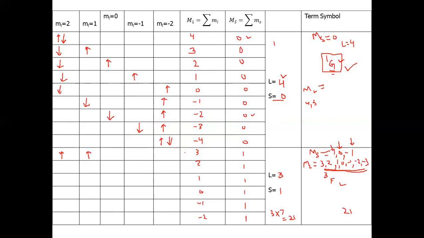Now this gives capital ML as 2 plus 1, 3 and capital MS as 1. So now we keep this here and keep moving this. This gives MS 1 but ML is equal to 2 plus 0, 2. Next, this goes here again. MS is 1 but now ML is 2 minus 1, 1.